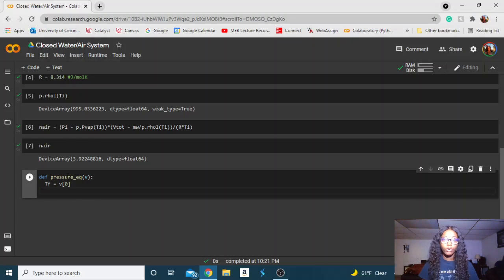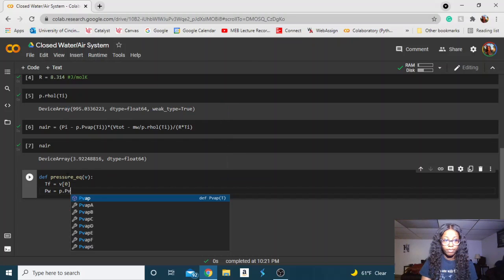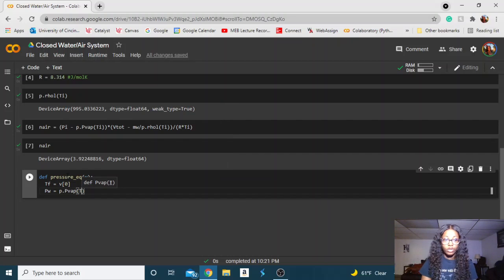So at this point, we're going to want to break up our final pressure equation into smaller parts. I'm going to start with the partial pressure of water, and we're going to take this at the final temperature. I'm also going to label what each part of the equation is, just so we're aware and understanding of the entire equation.